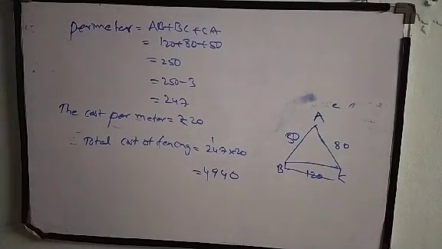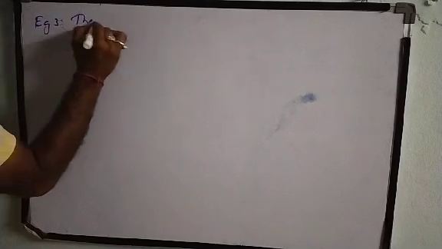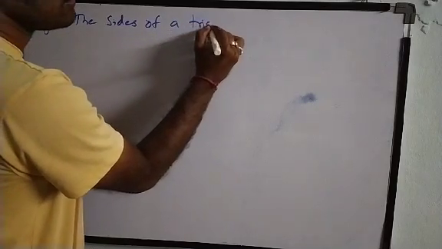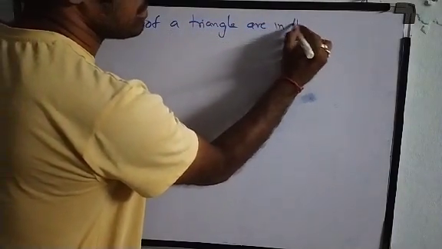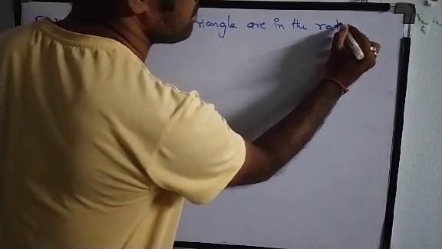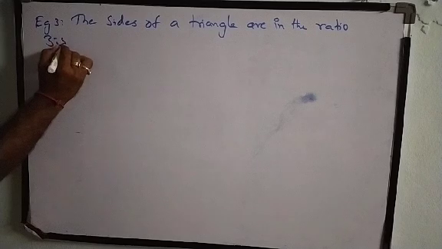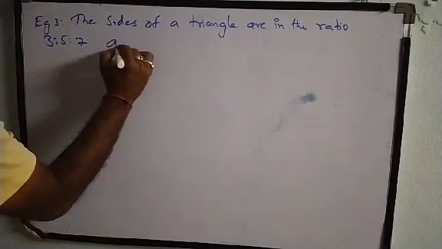Next, let us see example 3. So example 3, the sides of a triangle are in the ratio 3:5:7 and perimeter is 300.